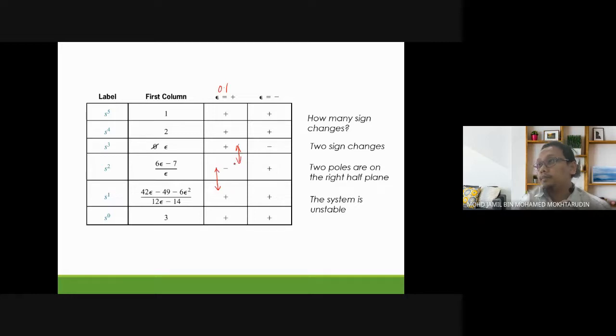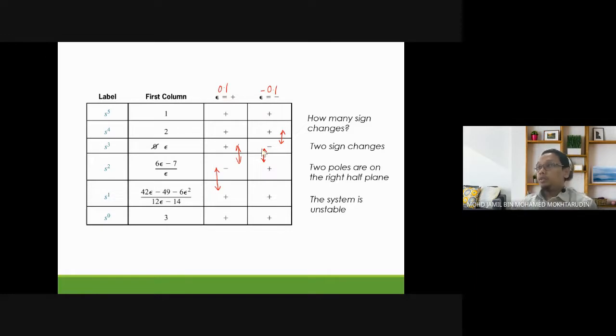Okay. And then you repeat the process by replacing epsilon with a very small negative number. So let's say we use negative 0.1. You repeat the process, same thing. So here we also have two sign changes.